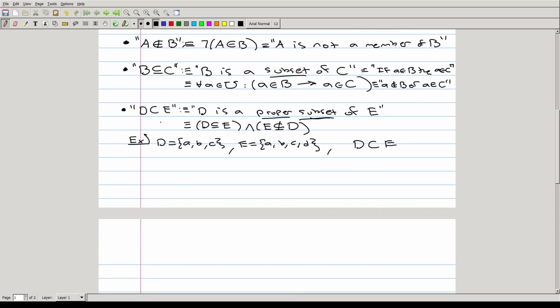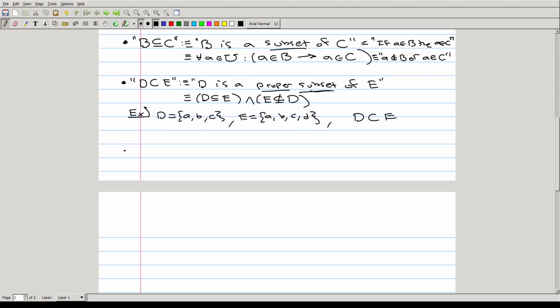And the reason for this line right here is because we can have a direct idea of set equality.